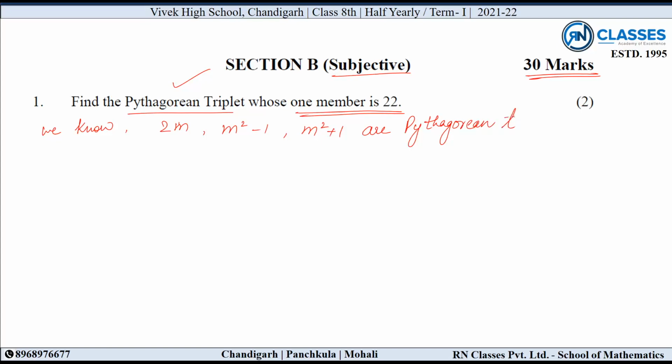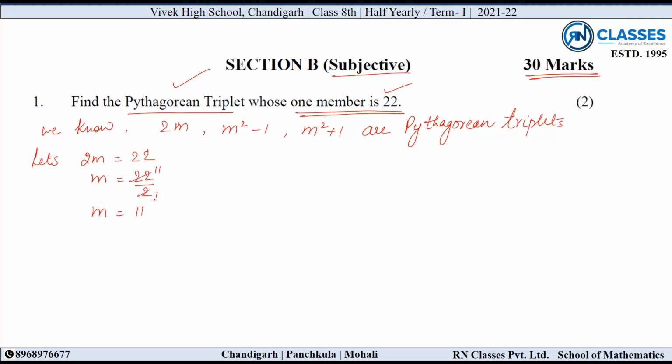You have to write this line, it's of 2 marks and you have to replicate it. Pythagorean triplets: one member is 22. Let's take the first member, 2m equal to 22, so m becomes 22 by 2, which means m becomes 11.